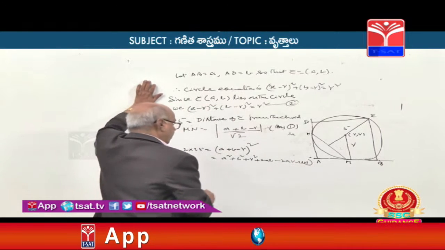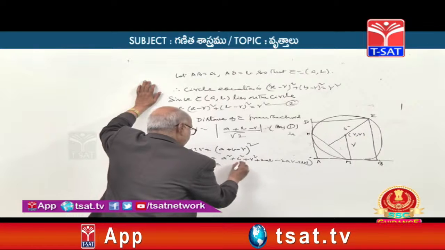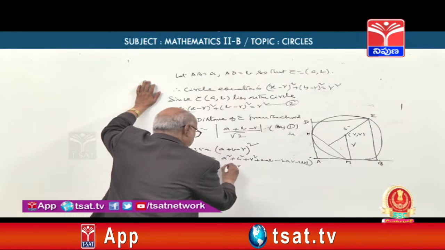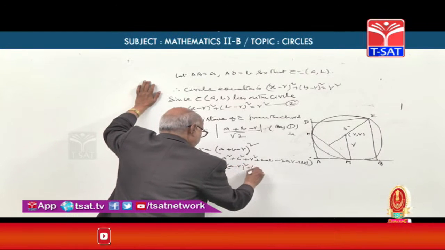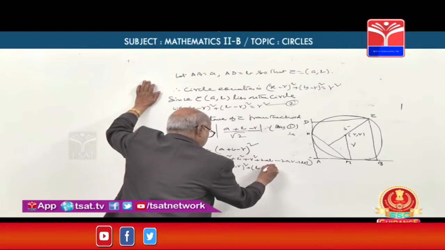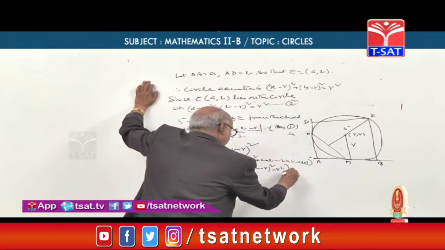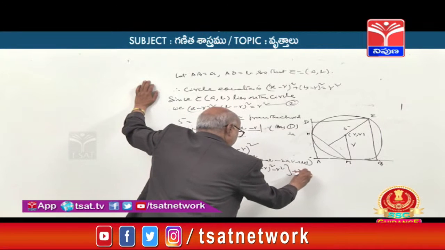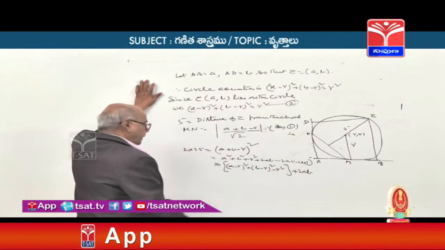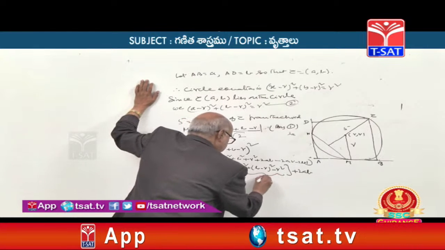So, this is nothing but a minus r whole square plus b minus r whole square minus r square plus 2ab, but this is 0.